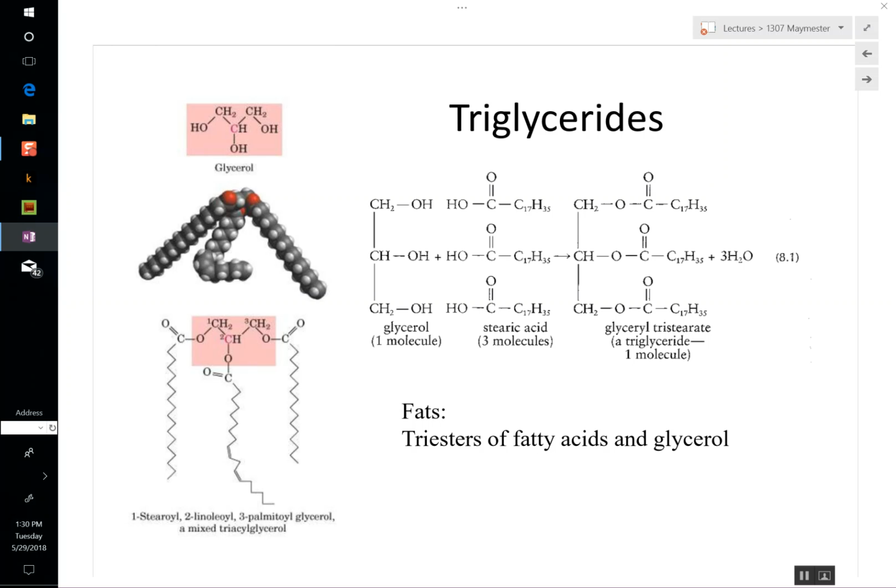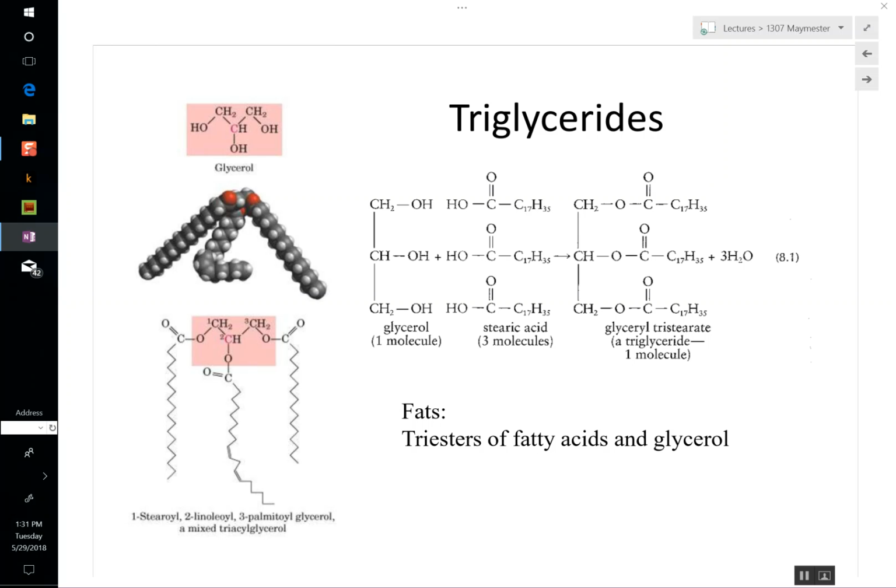You got an alcohol on each of the carbons. Glyceraldehyde has an OH on 2 of the carbons and an aldehyde on 1. This is glycerol. It's a triol. It's this portion of the triglyceride. So the triglyceride has a glycerol backbone or crosslinker, the thing that's holding the 3 fatty acids onto it.